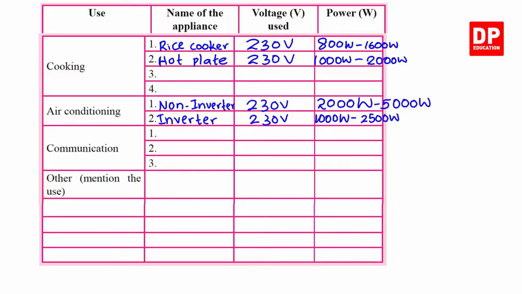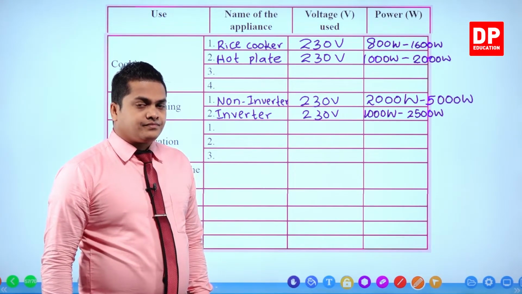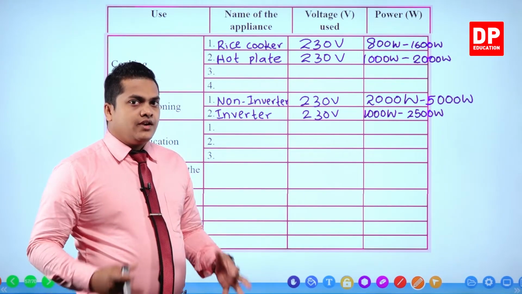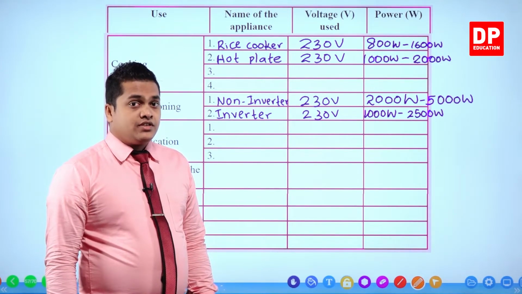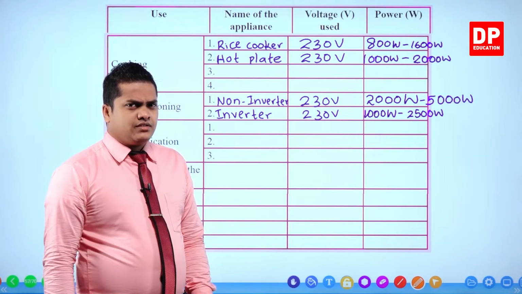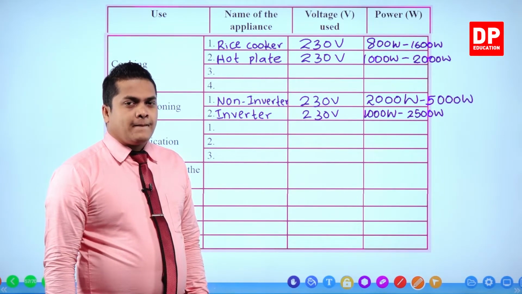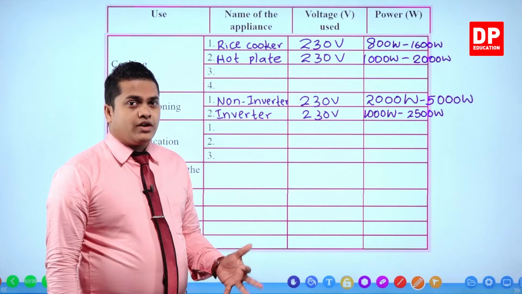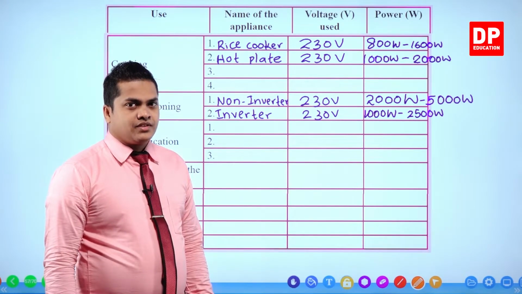These are again available for refrigerators as well. Refrigerators with inverter technology and refrigerators with non-inverter technology. Inverter technology refrigerators consume about 600 to 750 watts, for a heavier one, meaning you can store 200 to 300 liters of items in that refrigerator.